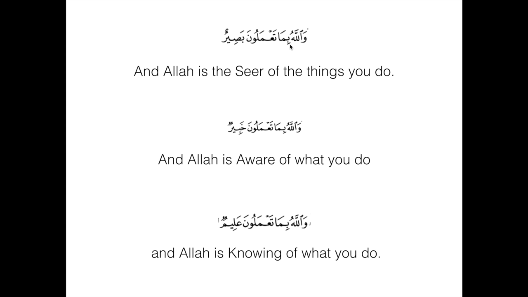Wallahu, and Allah, bima, of the, ta'maluna, things you do, basirun is the seer. Okay, so we have over here again, khabir means aware, alim means knowing. Three phrases that are often repeated in the Quran. Learn these phrases and you will add great understanding of the Quran.